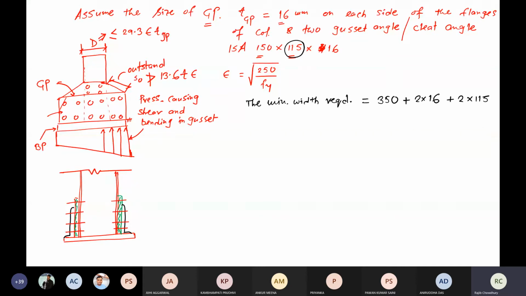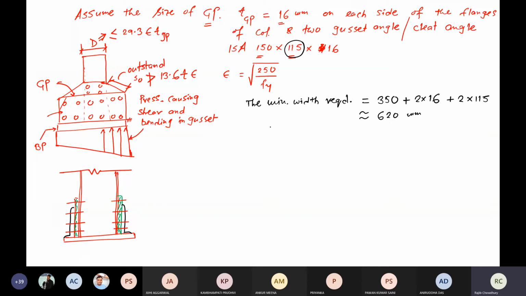So this much bare minimum width is required in the base plate. So this becomes approximately 620 mm, even though it is coming I think 615 or 612, but I am keeping around 620.